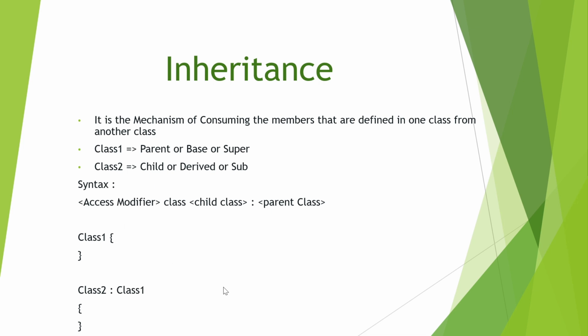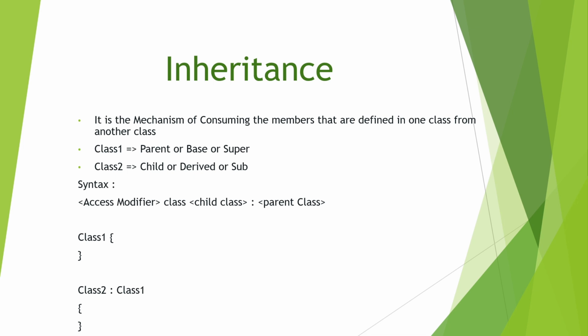Okay, now what is the purpose of inheritance? Why are we using this inheritance? See, class 1 can have many methods, method A, method B, and one way of using the same method in class 2 is simply copy pasting those methods inside class 2. But that way we are going to duplicate the code, and my application size will be large, and we'll have to maintain the code everywhere.